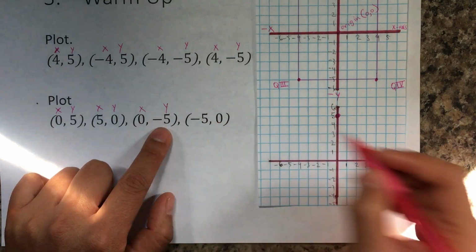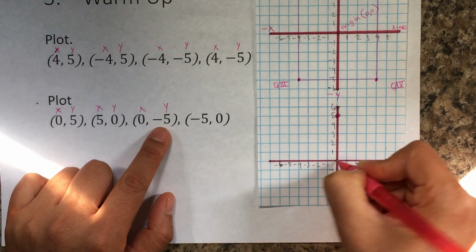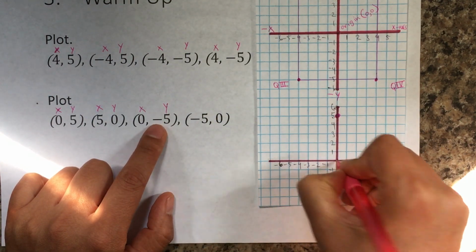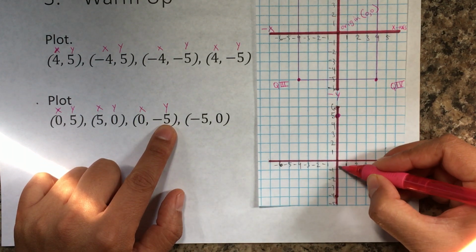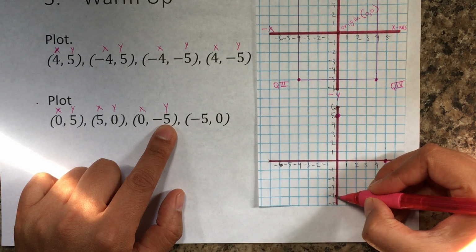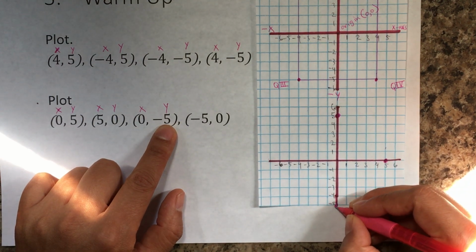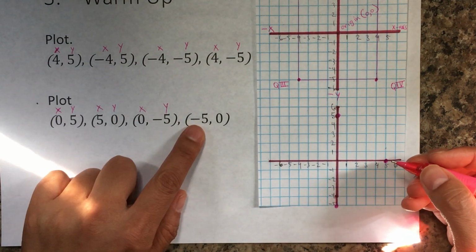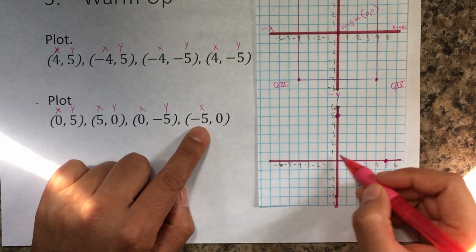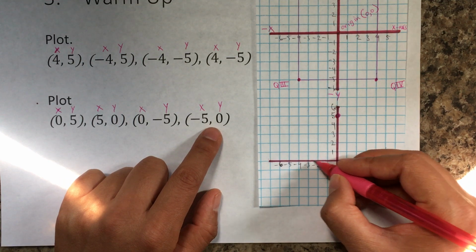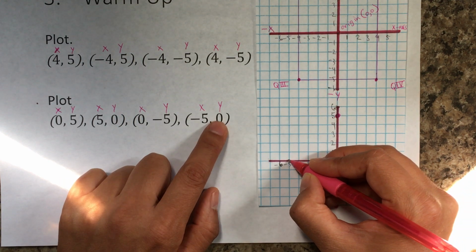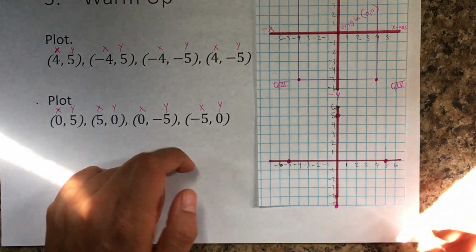Then it's 0, negative 5. 0, I don't move on X, either left or right because it's 0, and then negative 5 on Y it's going to go down. So 1, 2, 3, 4, 5, it's right there. And the last one, x is -5, y is 0, so -1, -2, -3, -4, -5, and then 0 for y, so I don't move, it's right there.